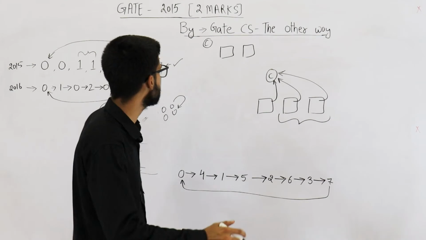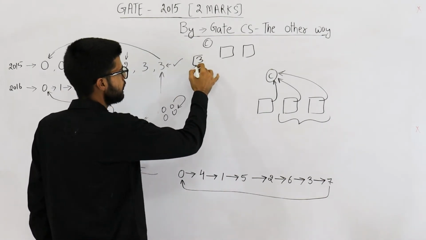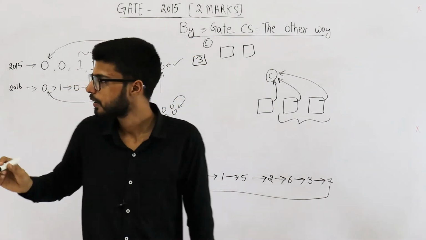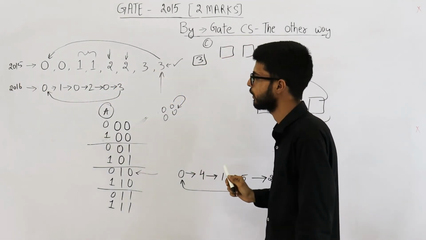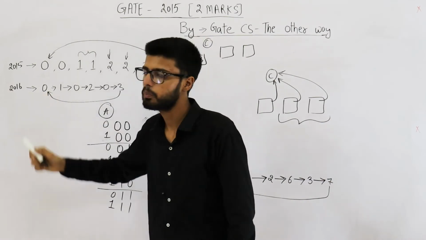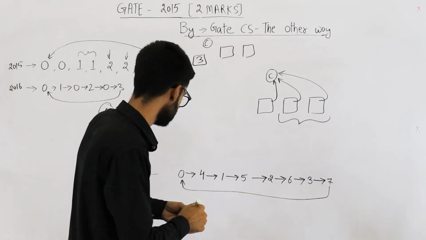So the minimum number of flip-flops for this is 3. Answer to the first question, from GATE 2015: 3 JK flip-flops are required. Now let's see the question from GATE 2016.